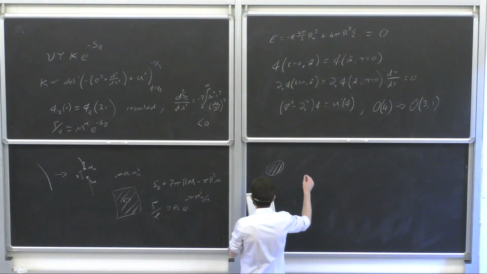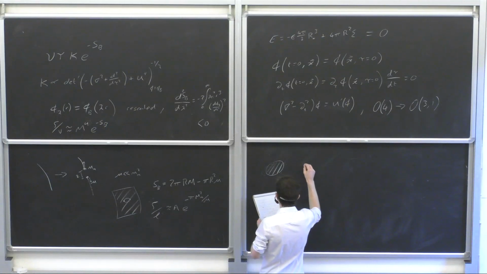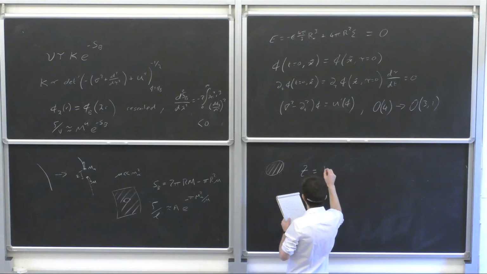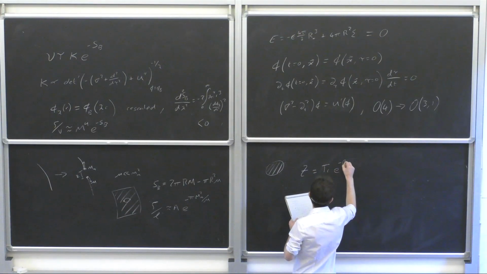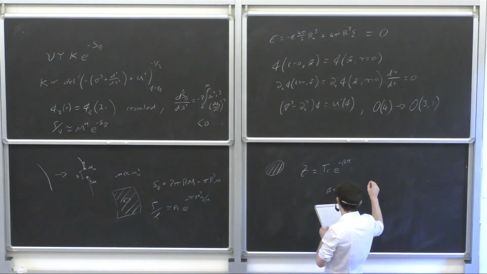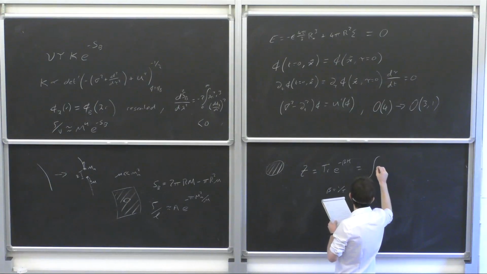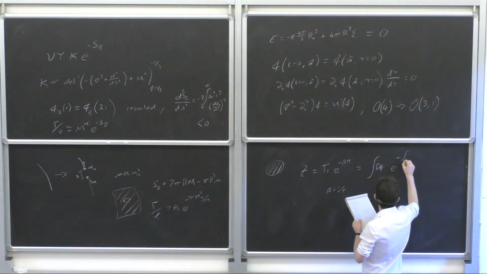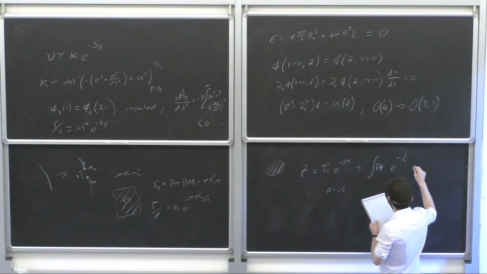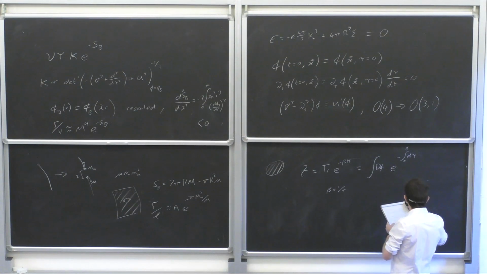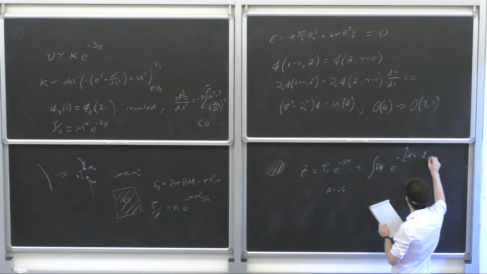In particular, if I want to calculate the partition function, let me call it Z, of some quantum field theory at finite temperature, this is given by the trace of e to the minus beta Hamiltonian, where beta is 1 over T, which is given by a path integral over d phi of e to the minus the integral from 0 to beta of d tau, then the Euclidean action.